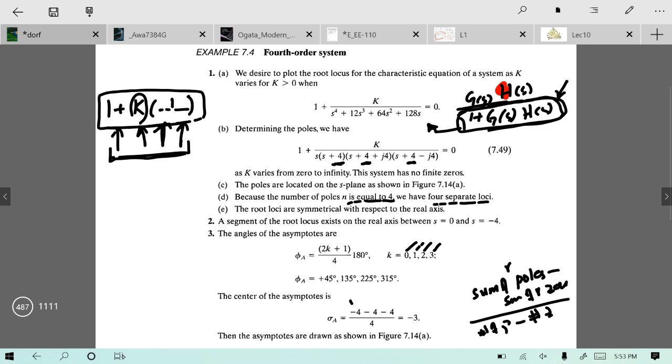There is no other term because for this pole the real part is 0, and there is no zero over here, so minus 0, they haven't written minus 0. The number of poles is 4 and the number of zeros is 0, so it is minus 3. So the angles of the asymptotes are 45, 135, 225, 315, and the center of the asymptotes is minus 3.